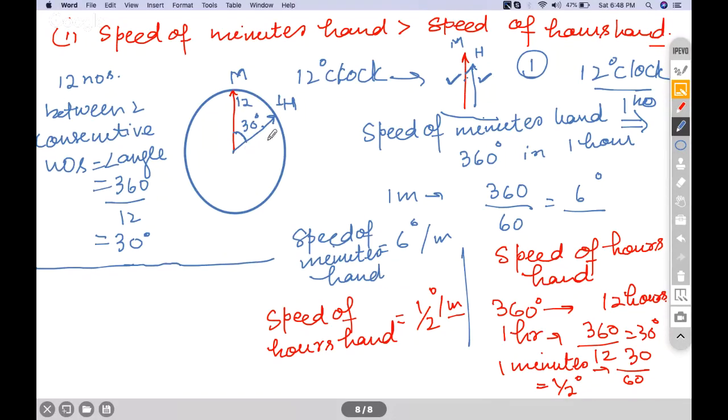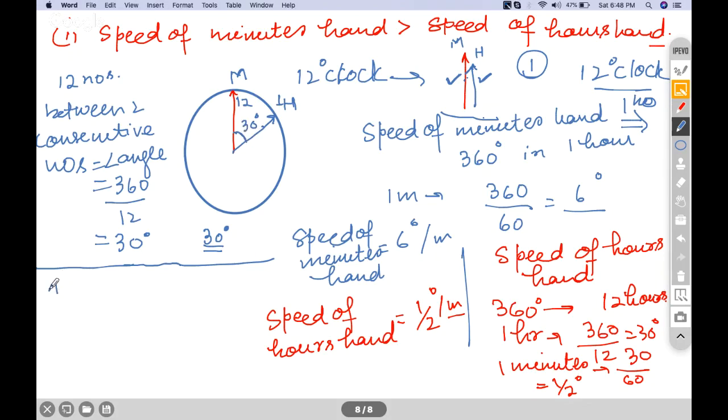I'm trying to do something now. At 1 o'clock, what is the distance between the minutes hand and the hours hand? At 1 o'clock, the distance between the minutes hand and the hours hand is 30 degrees. I am not counting this distance in terms of radius because I don't know the radius. The only thing that I know is the angular displacement between them.